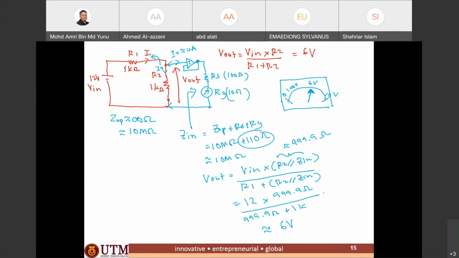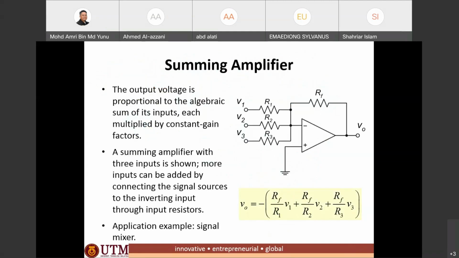Since there is no question on this explanation, we proceed with the summing amplifier. Basically, the output voltage is the sum of the inputs, as given by this equation.